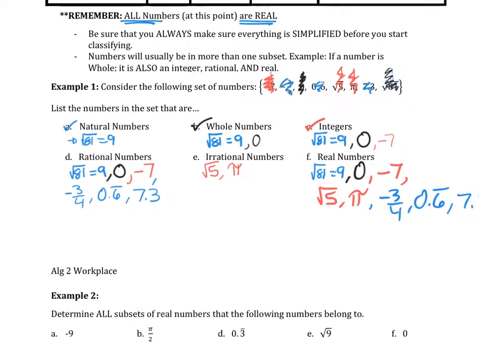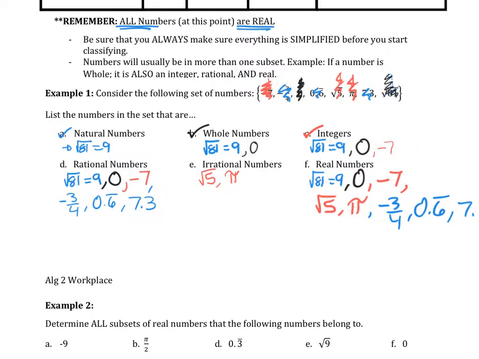So again, just some checkpoints or ways to just double check your work. You can look at your rational and your irrational. Make sure no number is in both, right? Because a number can't be rational and irrational. So do we have any numbers that are in our rational list and our irrational list?